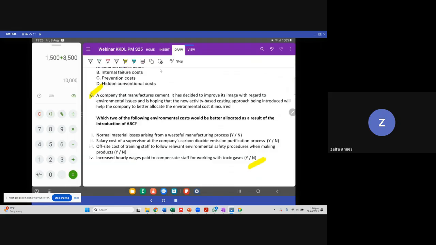A company manufactures cements. It has decided to improve its image with regard to environmental issues and is hoping that the new activity-based costing approach being introduced will help the company to better allocate environmental costs incurred. Right? Which two of the following environmental costs would be better allocated as a result of introduction of ABC?